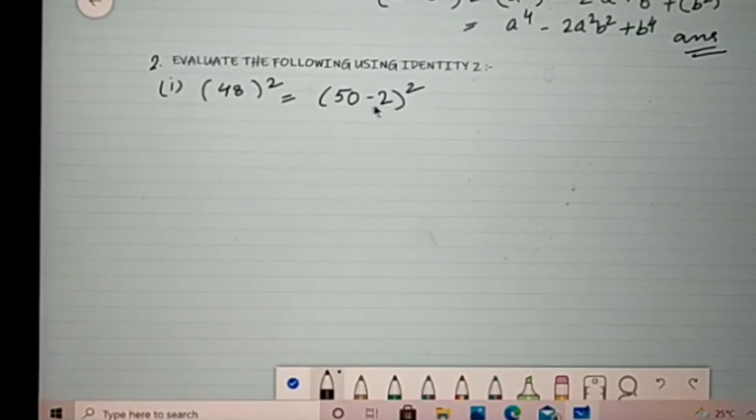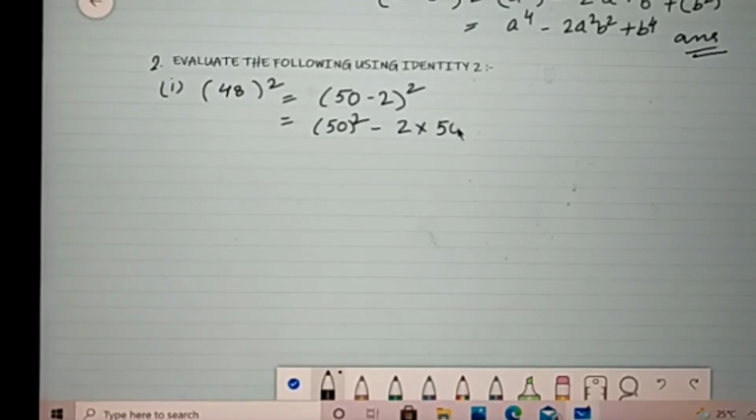So this is (a - b) whole square. We know the formula. a square is 50 whole square, minus 2, a is 50 into b is 2, plus b square is square of 2.